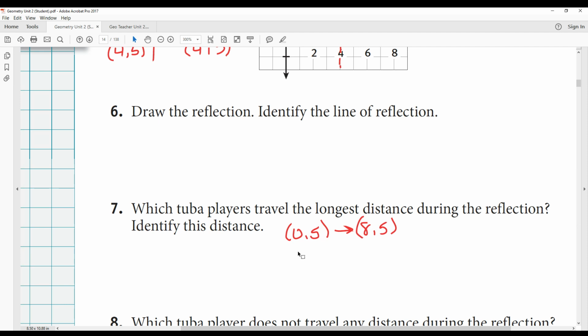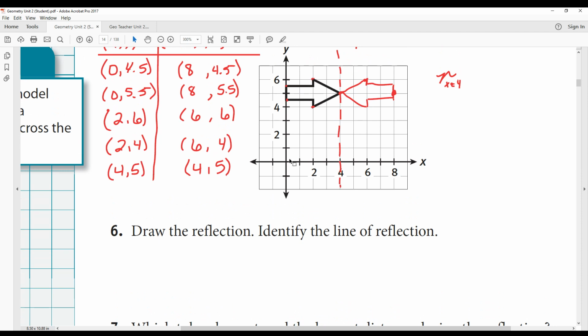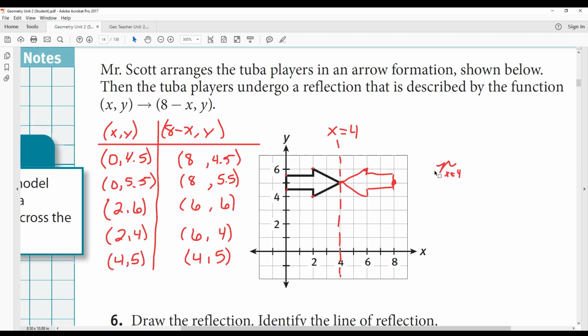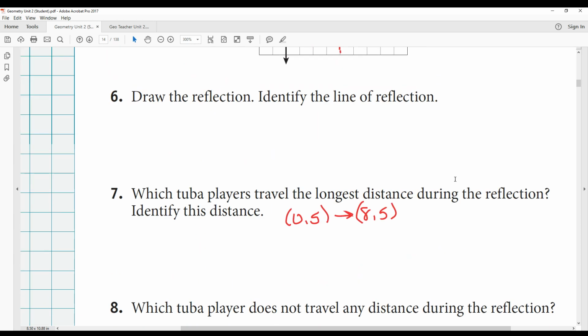And that is a distance of 8. So I don't know what the unit measurement is. I don't know if this is 8 feet, 8 yards. It might have told us somewhere in the problem and I missed reading it. But the distance, identify this distance. It's a distance of 8 something, 8 units.